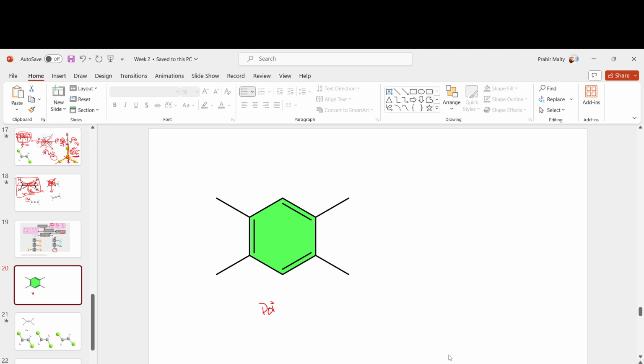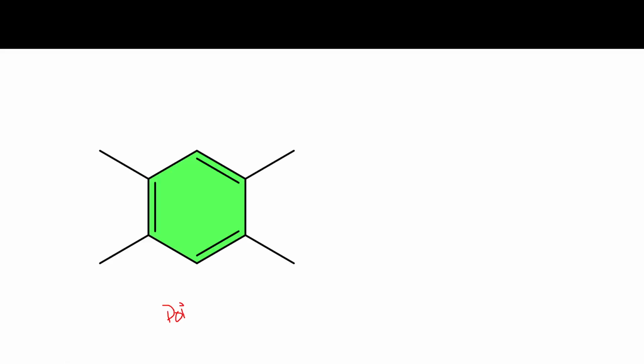So what operations are present in this molecule? Like this, one point goes throughout the bond. And if this is rotated 60 degree, this methyl will come here.